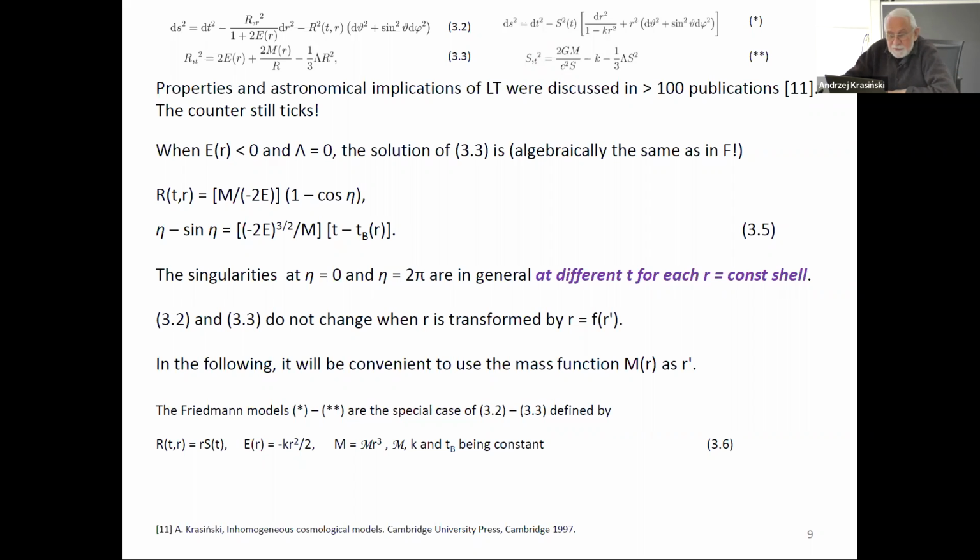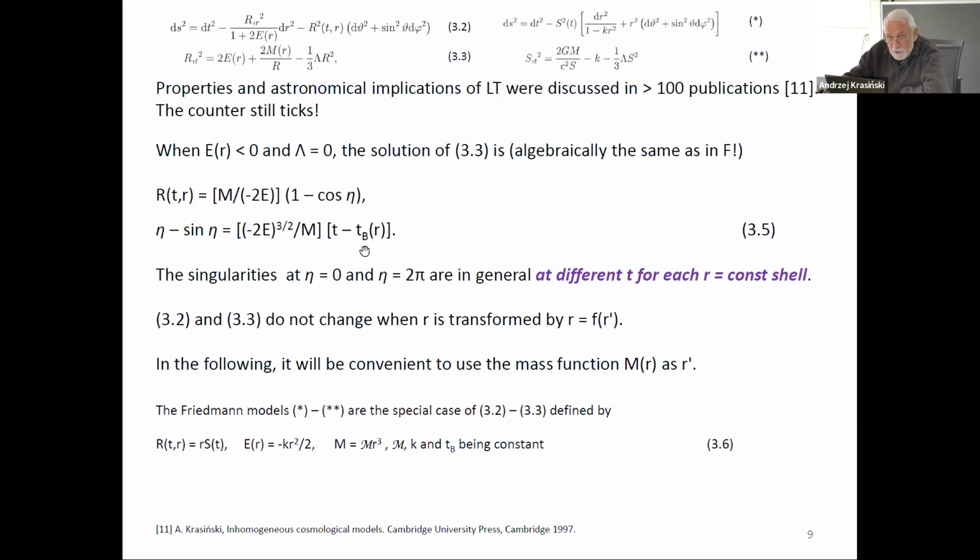Okay, so the properties and astronomical implications of the Lemaitre-Tolman model were discussed in considerably more than 100 publications, and this number is still increasing. Now, when the function E is negative and lambda is equal to 0, then the solution of this equation here can be parametrically represented in this way.